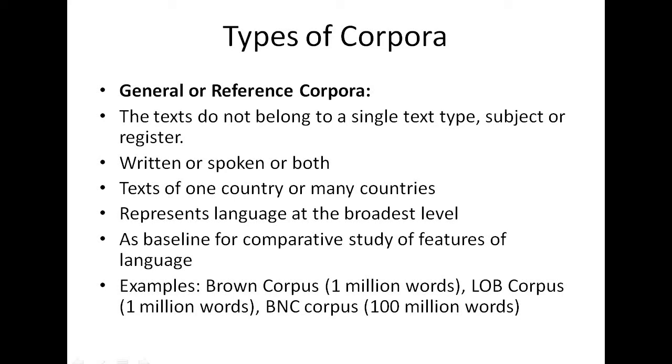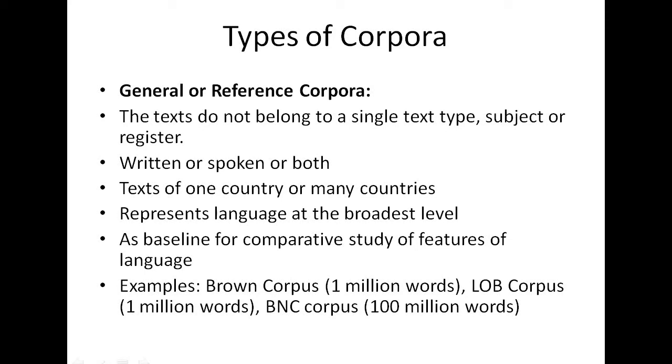It is used as a baseline for comparative study of features of language, because many kinds of texts belonging to newspaper, advertisements, fiction are contained in this corpora. That is why we can use it as a comparative corpora. That is why it is called reference corpora, and it may be used as a baseline.